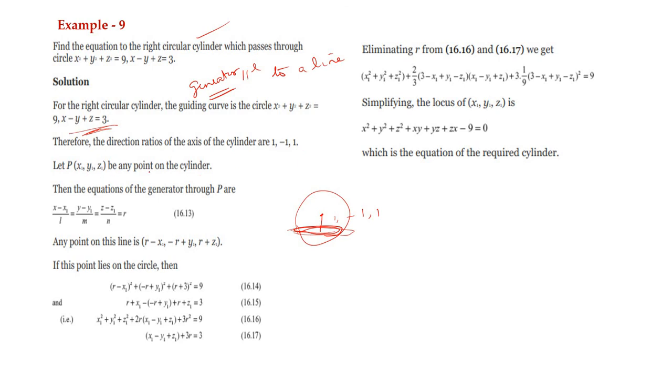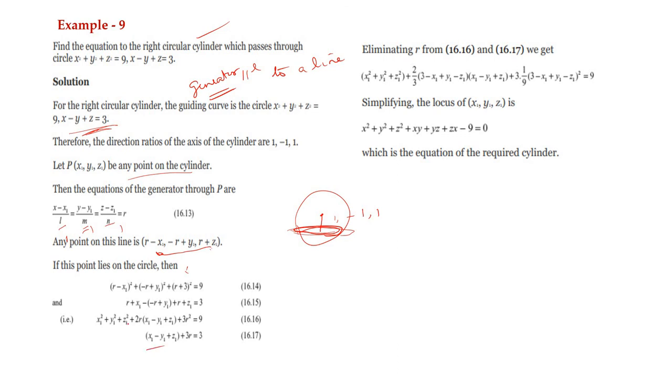Now if you consider P of x1, y1, z1 to be any point on the cylinder, then the equations of the generator through P are given by x minus x1, y minus y1, z minus z1 by l, m, n. This l, m, n we have as 1, minus 1, 1. When we cross multiply, we get this. Having got a point on the line, and this point lies on the circle, we just substitute and this is what we get.